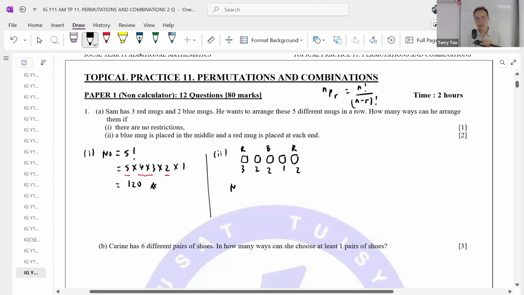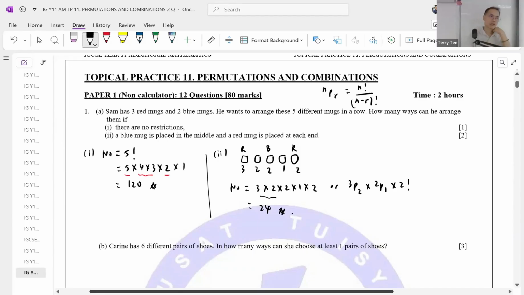Since it's non-calculator, we can just count like this: 3 times 2 times 2 times 1 times 2. 3 times 2 is 6. 6 times 2 is 12. 12 times 2 is 24. Can we count using brain without using a calculator? Of course. So I wouldn't use nPr. Now, I know some people say, can I use the red, I got 3, I arranged 2, then the blue, I got 2, I arranged 1, the remaining I do 2 factorial?